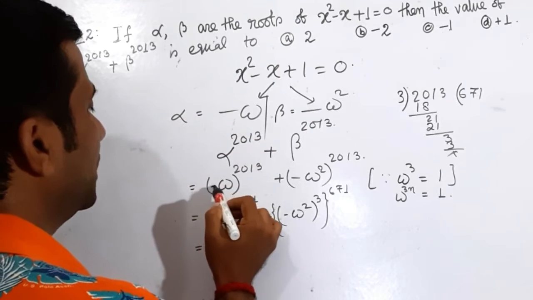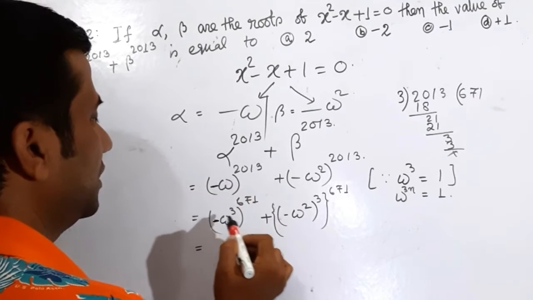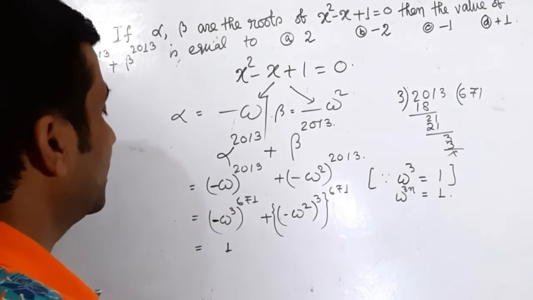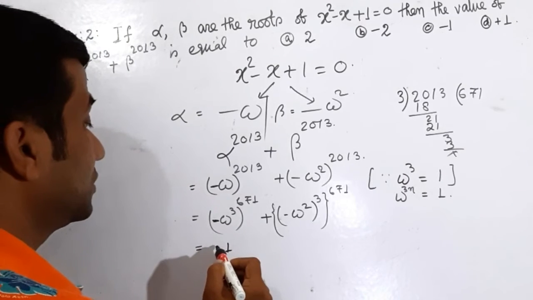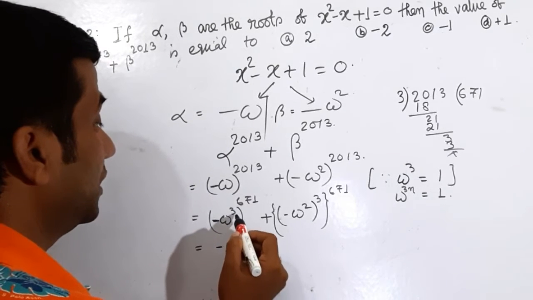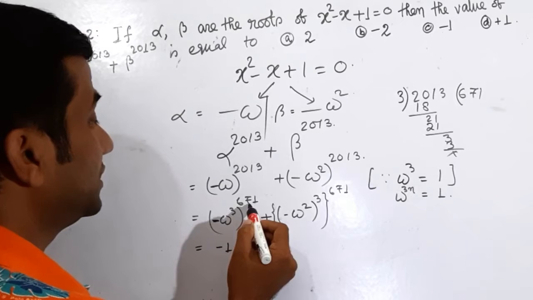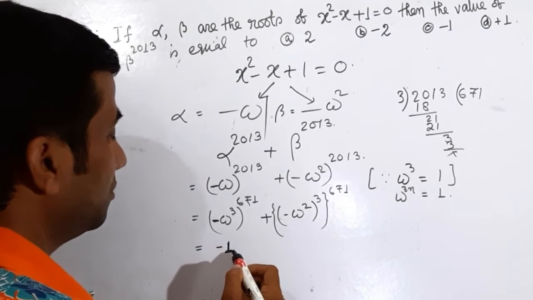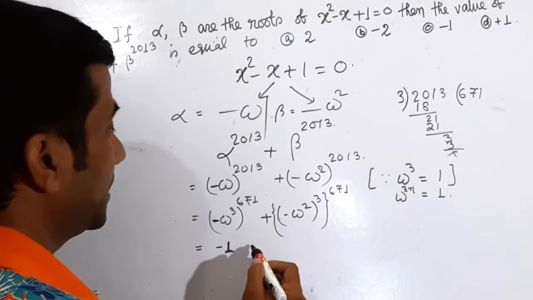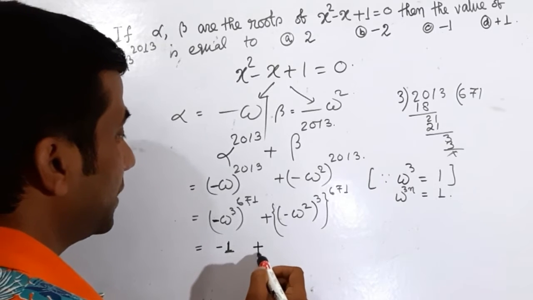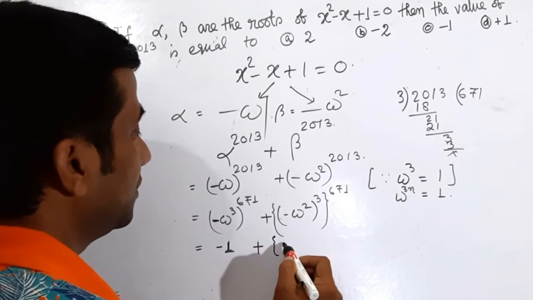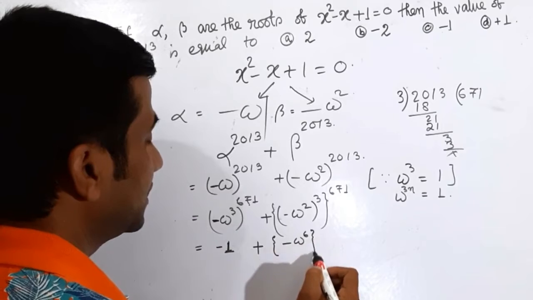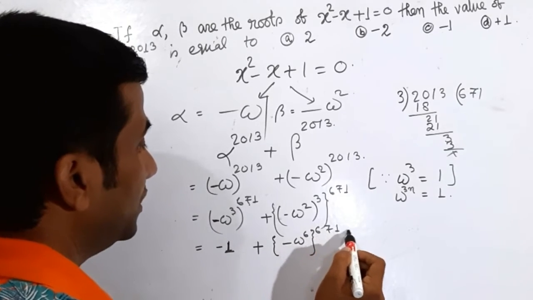alpha means minus omega, and we get from here, this is minus 1 whole to the power 671 means this is also minus 1, and plus this is minus omega to the power 6 whole to the power 671.